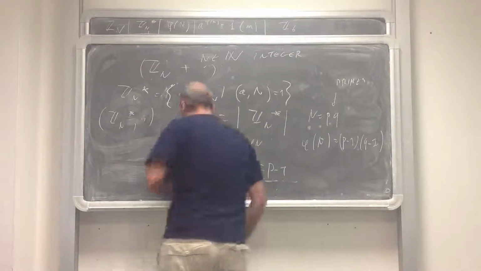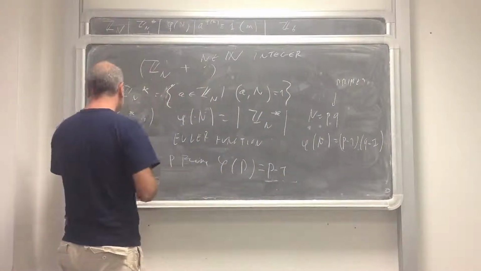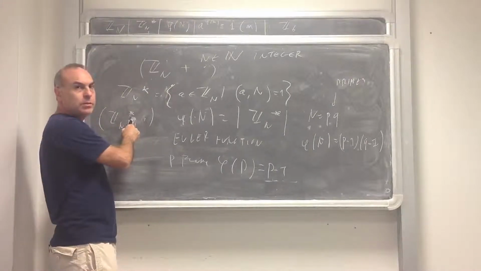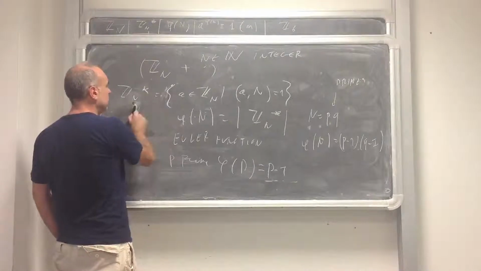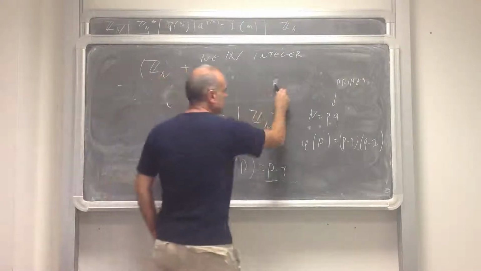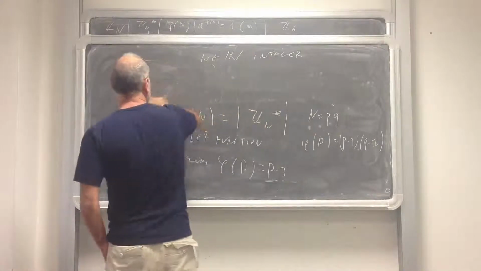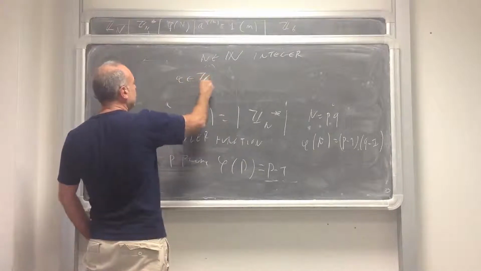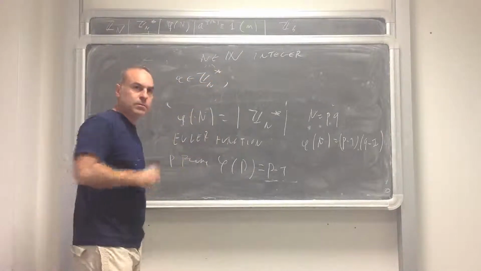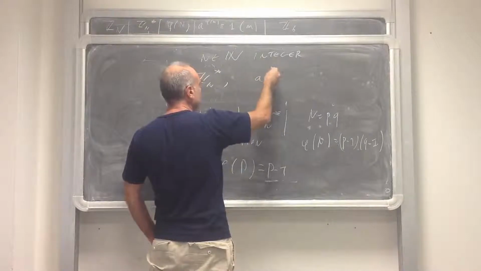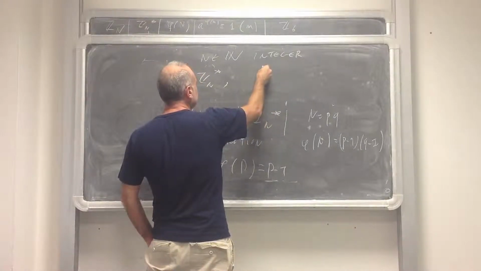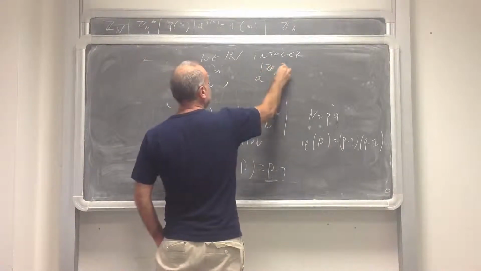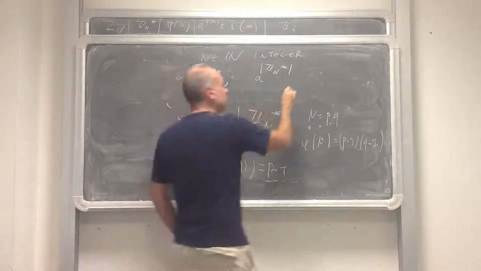Now, an interesting feature of Zn star is the following. Since Zn star is a group with respect to multiplication, we get immediately the following theorem. We take an element in Zn star; this element to the group order must be the identity element.